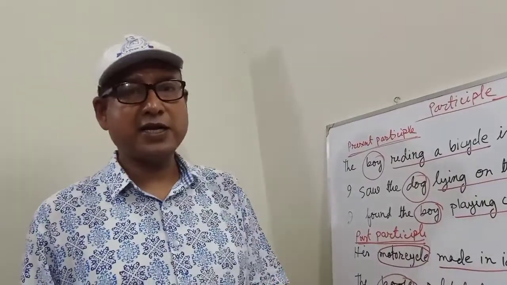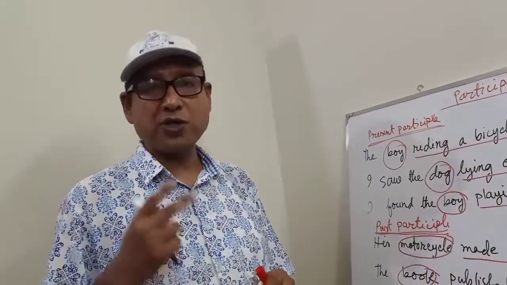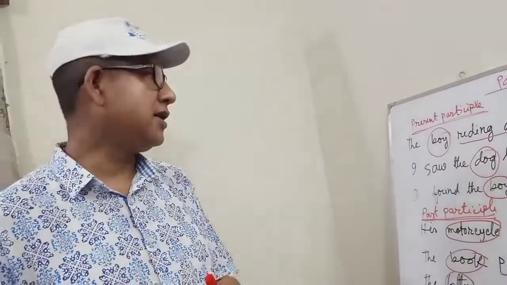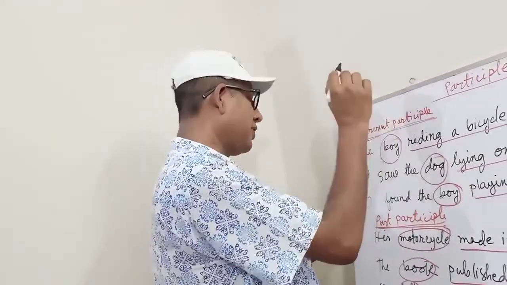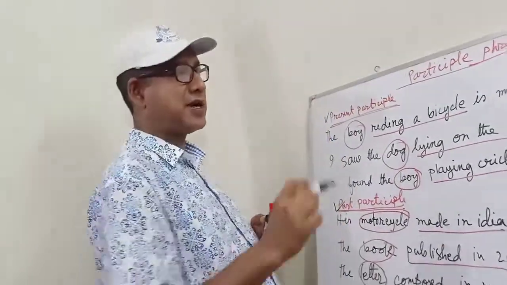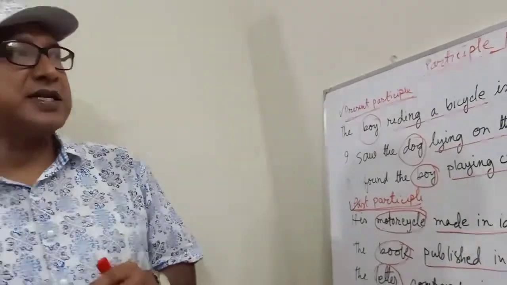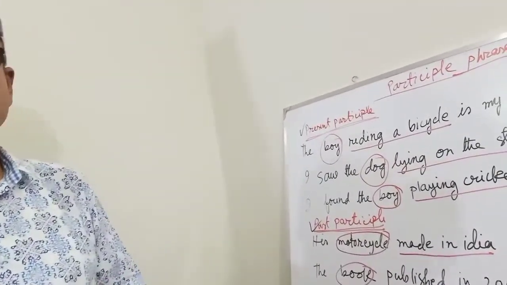Participle is of two types mainly: one is present participle, another is past participle. Present participle is the ing form of a verb. ভার্বের বেস ফর্মের সঙ্গে আইএনজি যোগ করলে সেটা প্রেজেন্ট পার্টিসিপল হয় and acts as an adjective here.